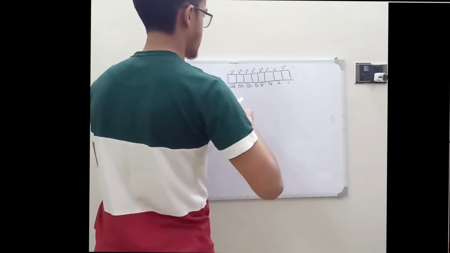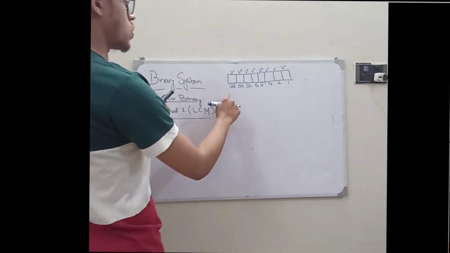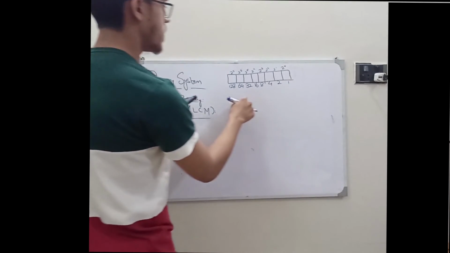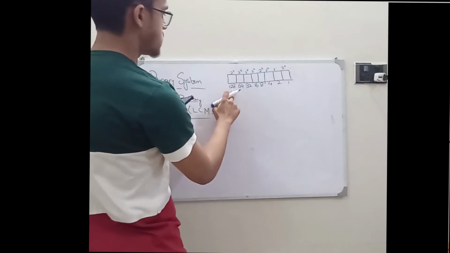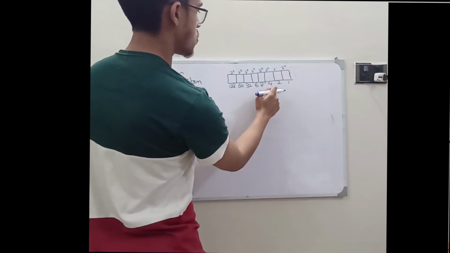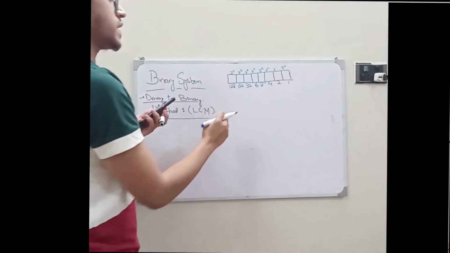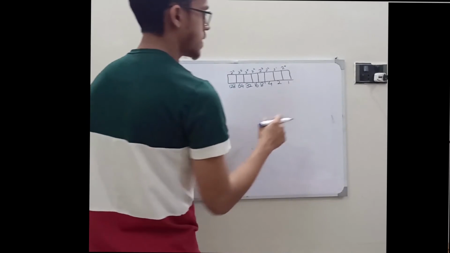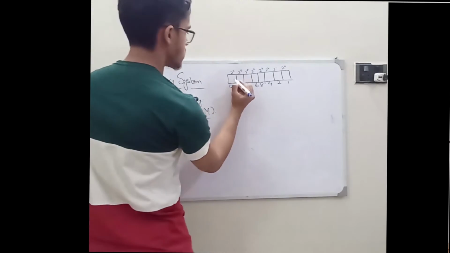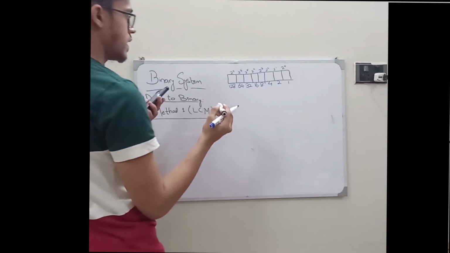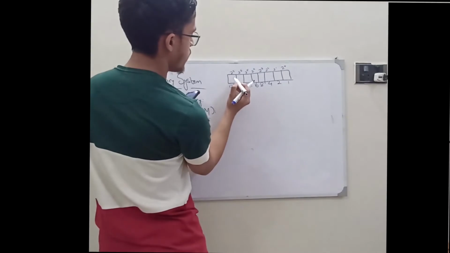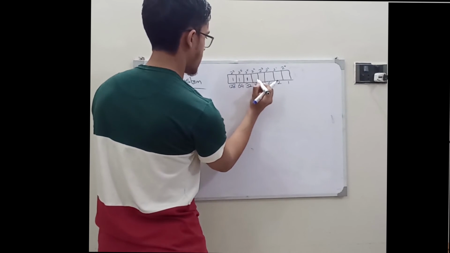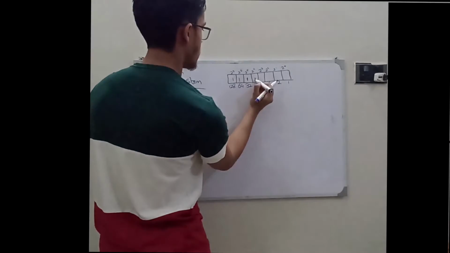So the maximum number can only be represented if all of these numbers are added all together. Only in that case can you say that our number is the maximum possible number that can be represented. So it means that with every number we need to write 1, because the basic rule says that every number that corresponds to 1 will be added.